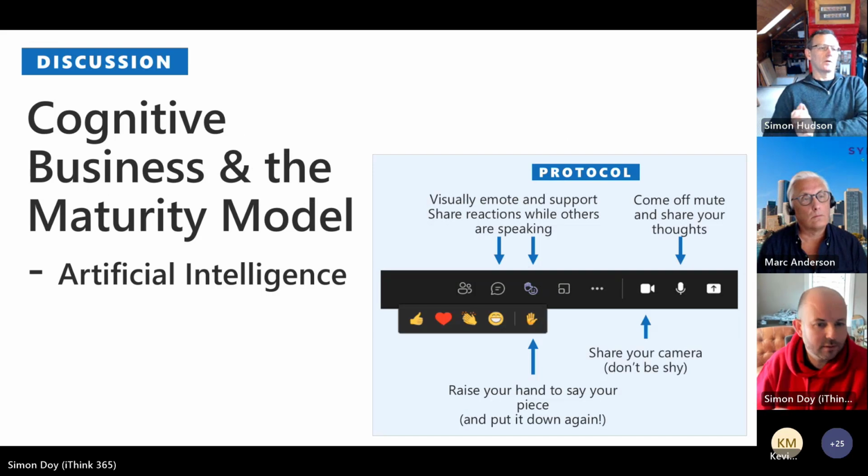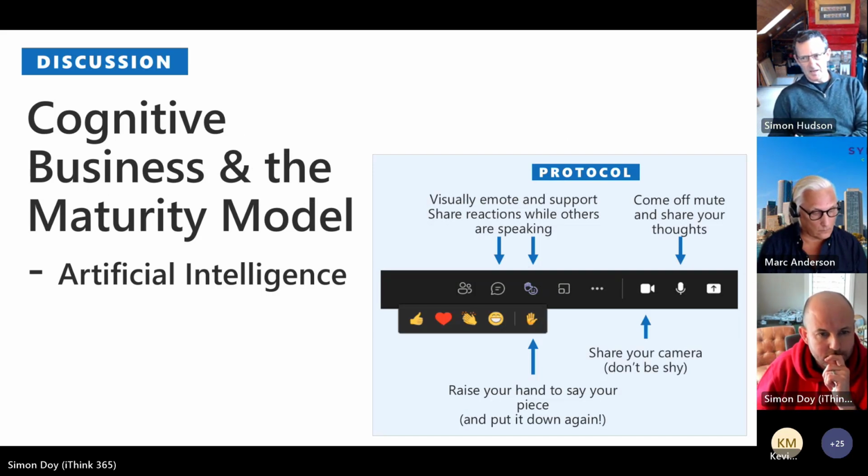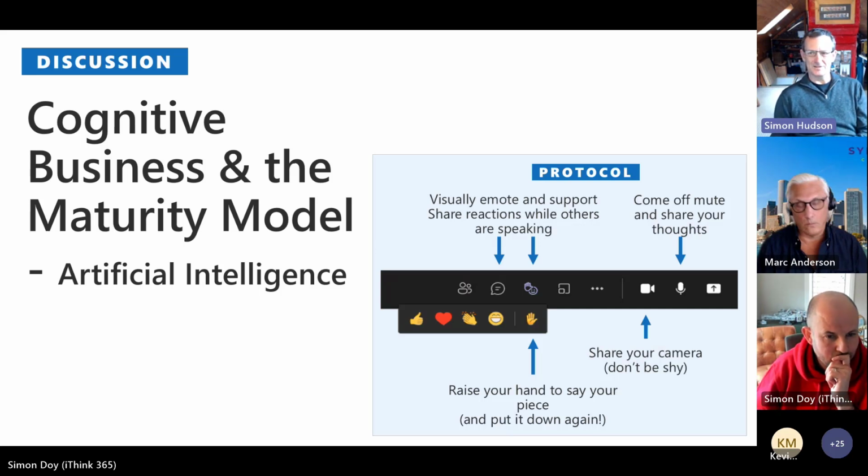So, what was the introduction of AI and machine learning and related technologies into the maturity model? Our proposal is we're going to call it cognitive business for two reasons. One is that AI isn't the whole story. There are a bunch of related technologies, of which true AI is only one.